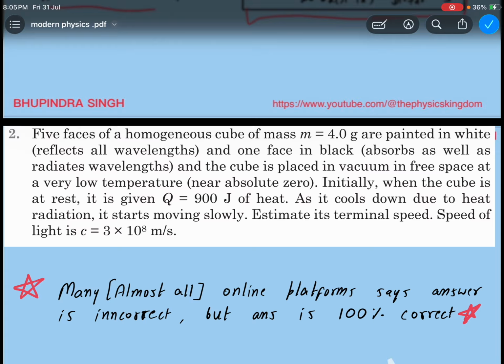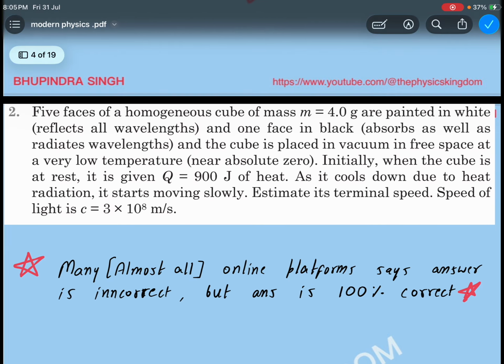So according to me, the answer is 100% correct. You just go through the question, try by yourself and understand how I'm doing it. If I'm making any conceptual error, you are free to write in the comment section in a respectful manner. If I'm making any mistake, you can tell me, beta.